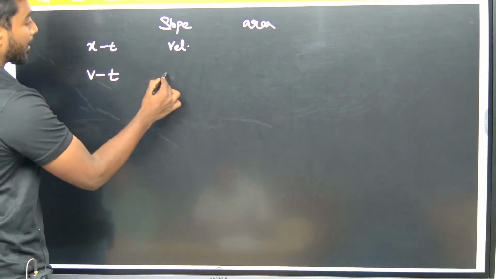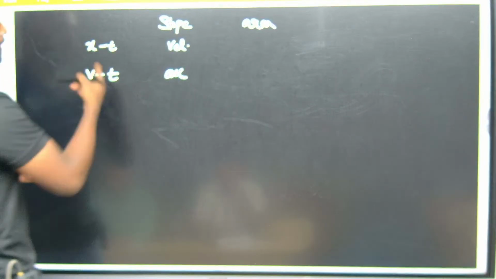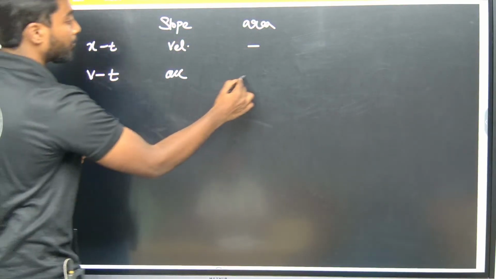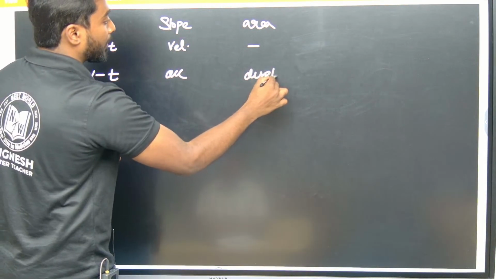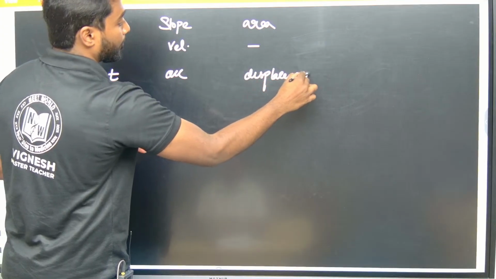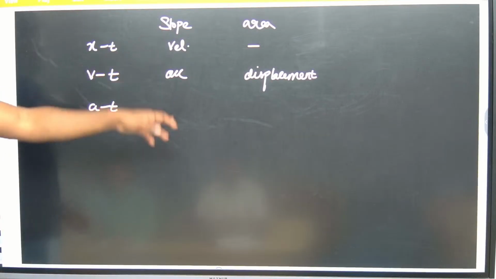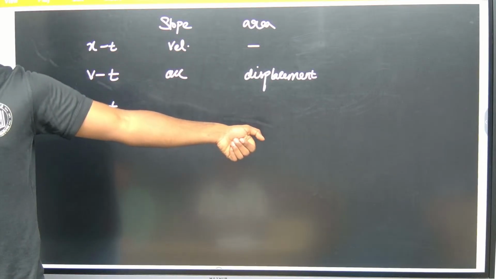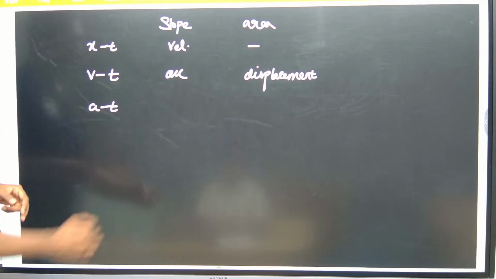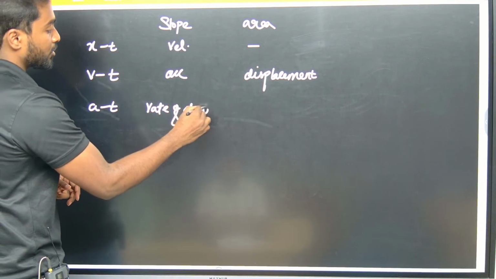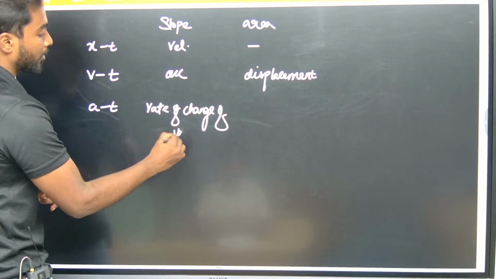For vt graph, I will get acceleration. But for area of xt, I won't get anything. But area for vt, I will get displacement. For at graph, slope is rate of change of velocity.